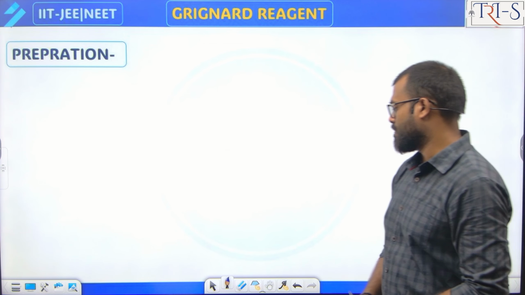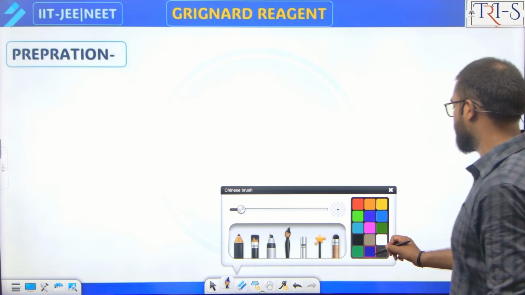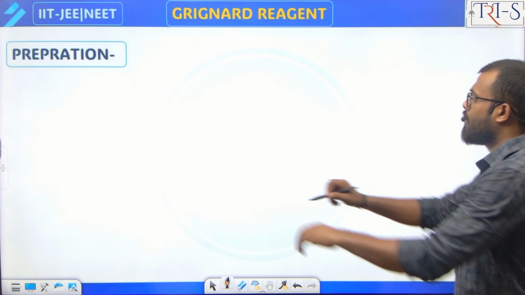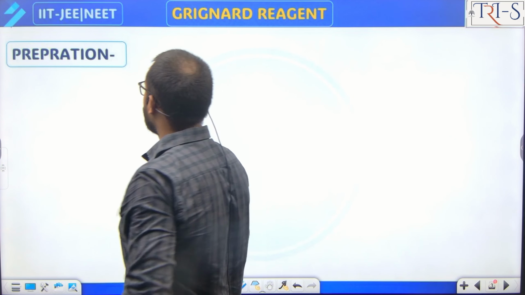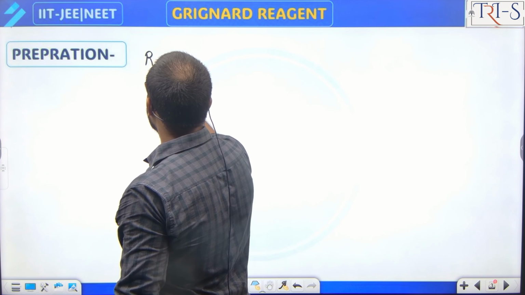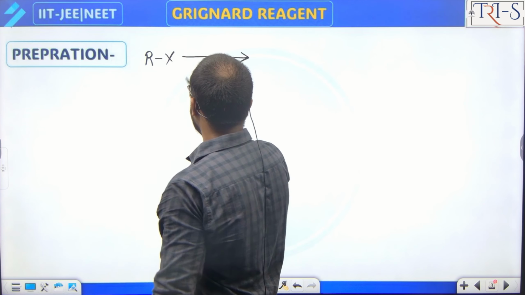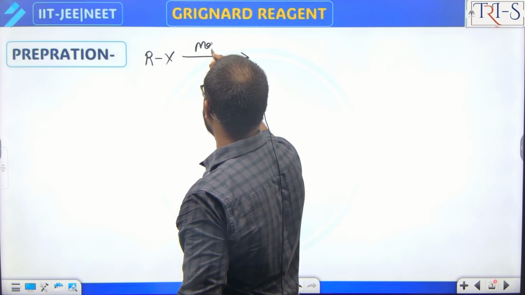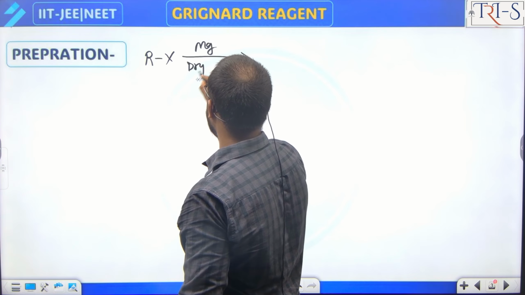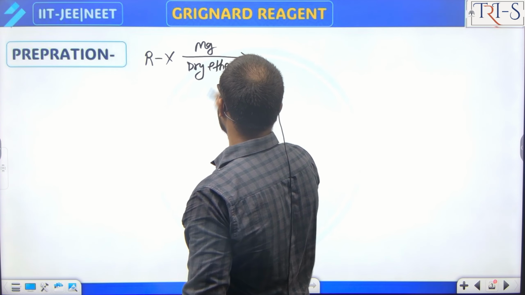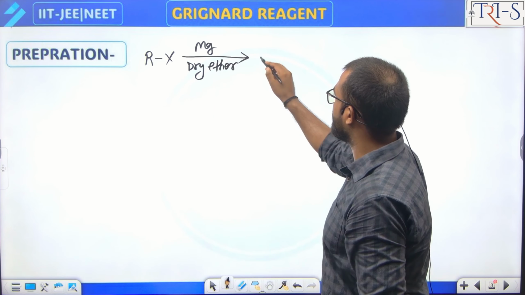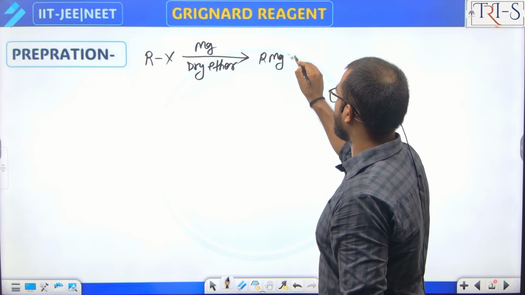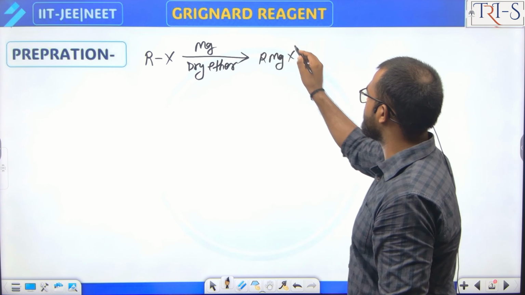Next, what is the preparation of Grignard reagent? How can we prepare it? Grignard reagent can be prepared when alkyl halide is treated with magnesium in the presence of dry ether, then it will give RMgX, that is, Grignard reagent.